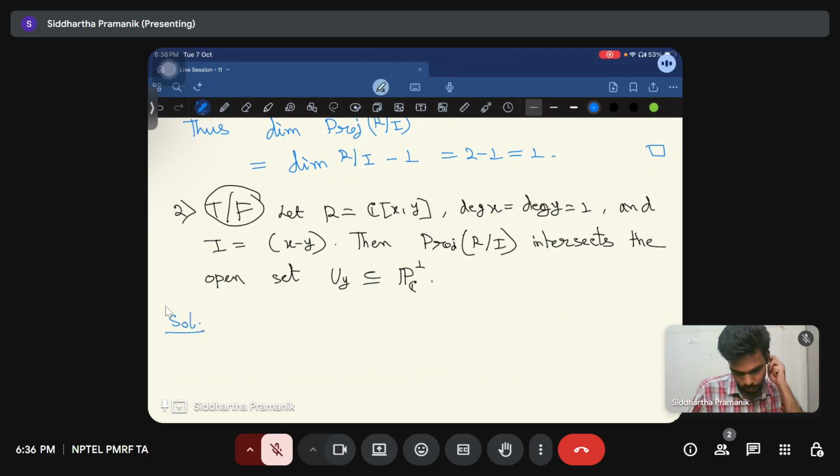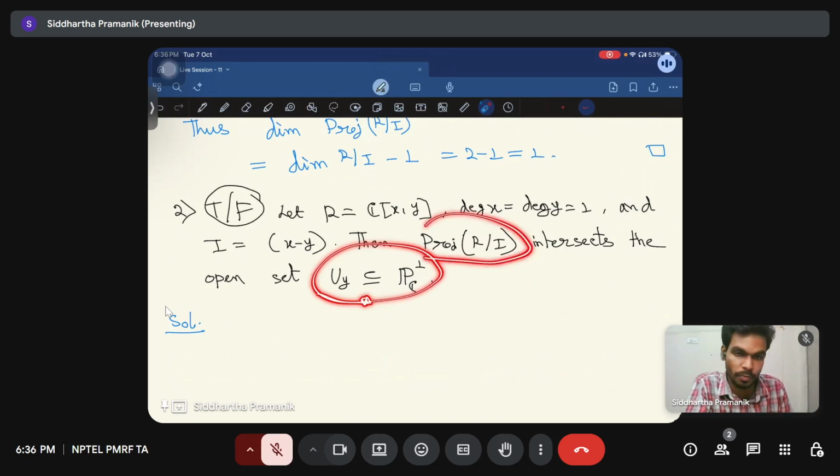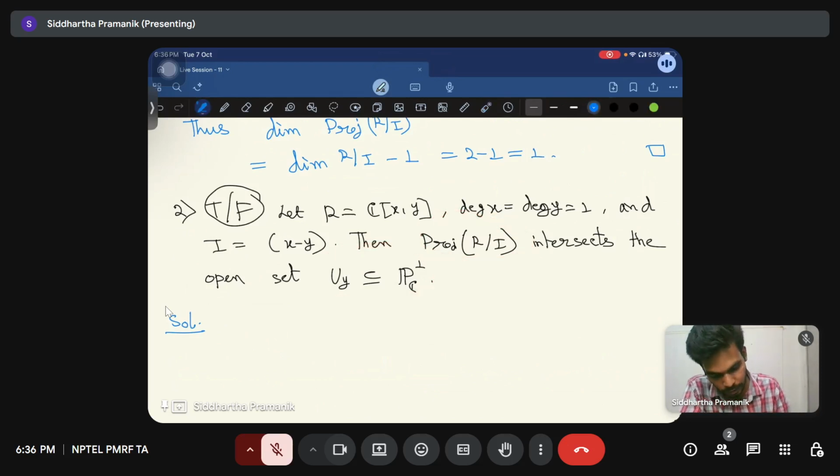Okay, so let's see how to solve this. So let's recall the basic definitions which we need to solve this problem. So first of all, we have already seen what we mean by Proj of R mod I. Let me write it down one more time. So what is Proj of R mod I?